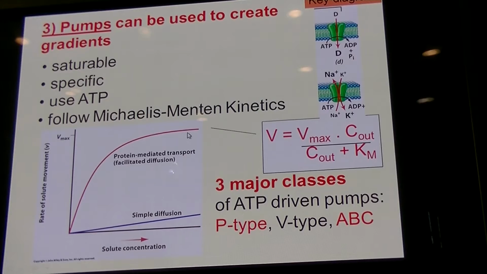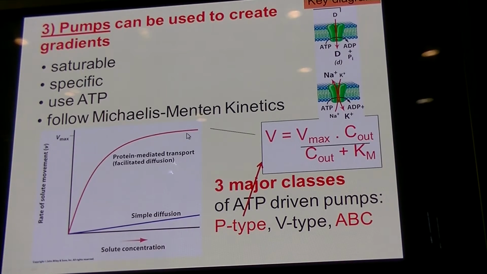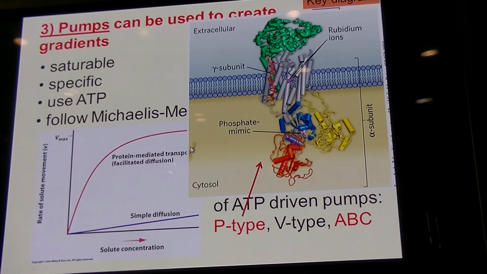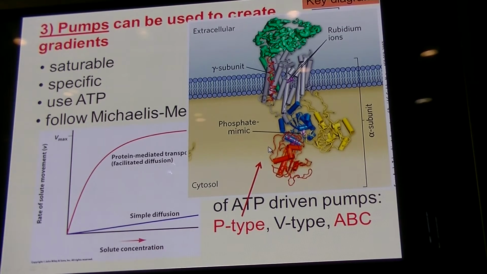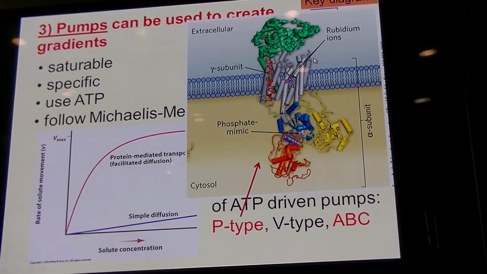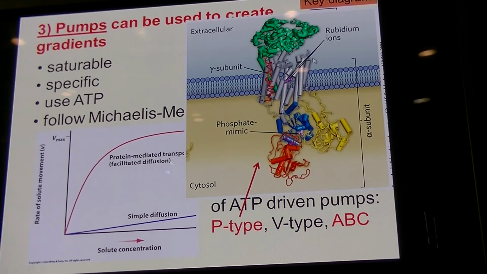Okay, so the P-type pump is very well studied, and here's just a picture from the book of what we think this molecule looks like. It's a model. The top here is based on an X-ray structure, the bottom is based on an X-ray structure. What's in the membrane is based on other experiments, not X-ray structure.